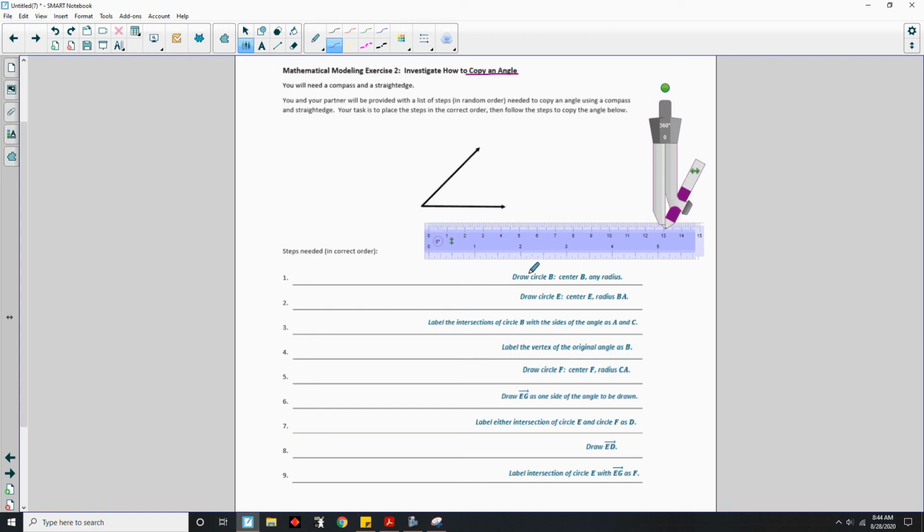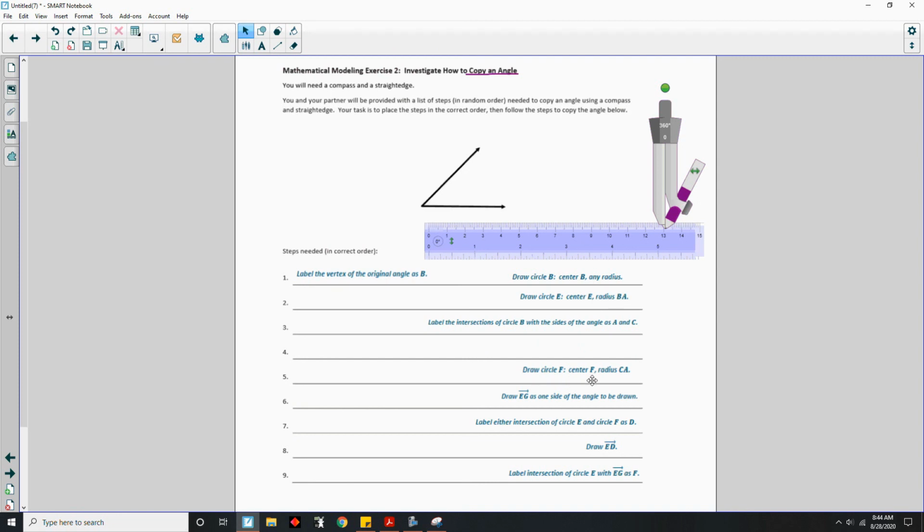Okay, so I look at this first thing. Draw circle B centered at B. I don't have any points. I can't do that. Draw circle E centered at E. No points. Label intersections of the circle. There is no circle. Label the vertex of the original angle as B. Well, I can do that. But before I do, I'm going to read them all.